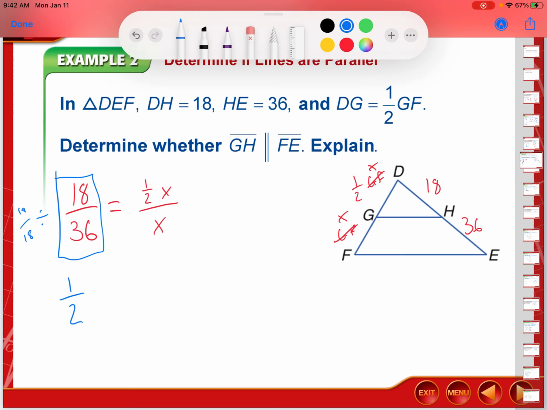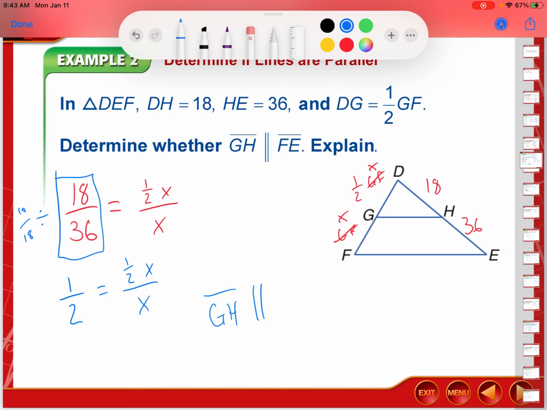So we would end up with 1/2. We know the top is half the bottom, or the bottom is twice the top, which if we look on this right hand side, we have 1/2 x over x. So the top is half the bottom, and the bottom is twice as big as the top. So we would say, yes, these are parallel.